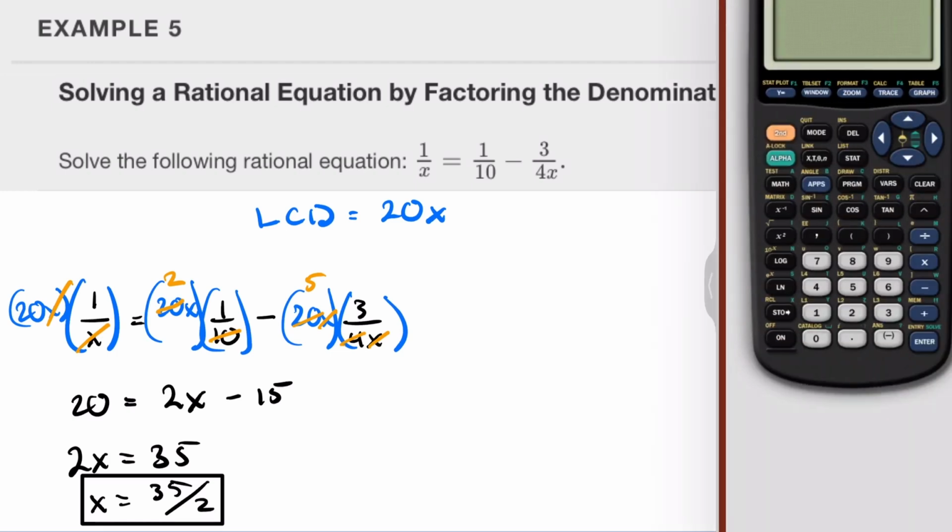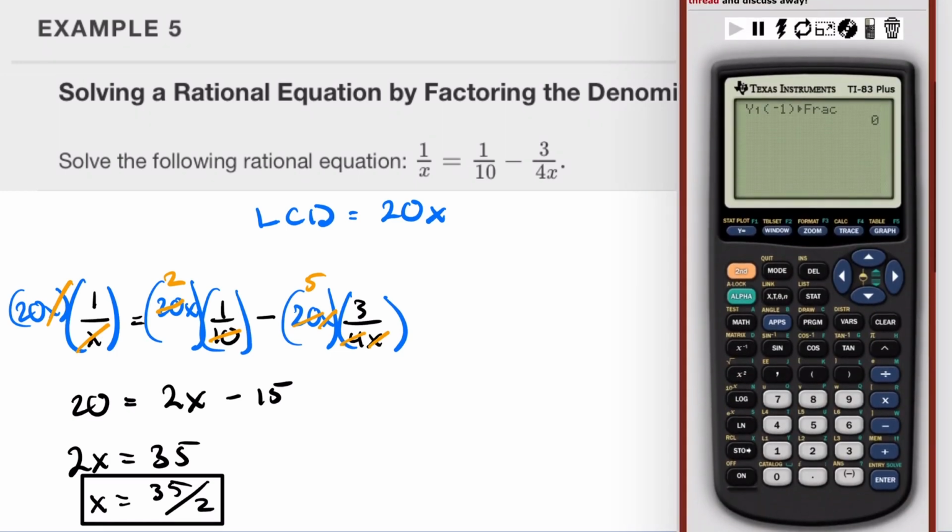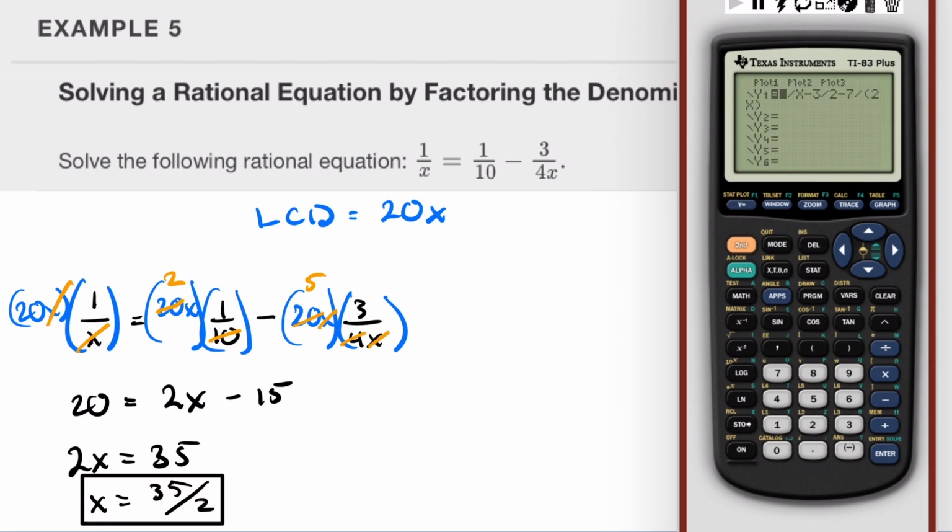Okay, and if I use my graphing utility to check, we got 1 over x. If I say the left side minus the right, we got to distribute, so we say minus the entire right-hand side. We got to use our parentheses. 1 over 10 minus 3 over 4x. Close off that denominator and close off the right-hand side.